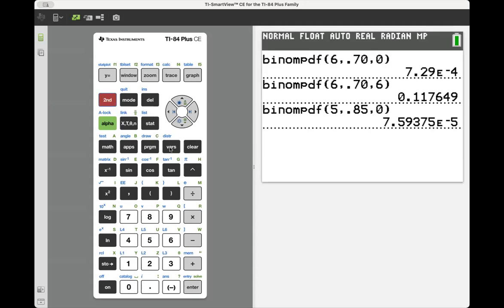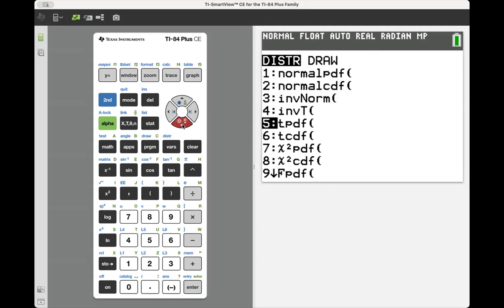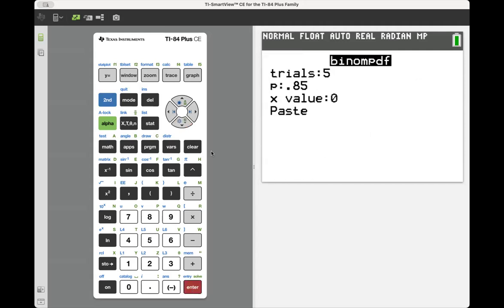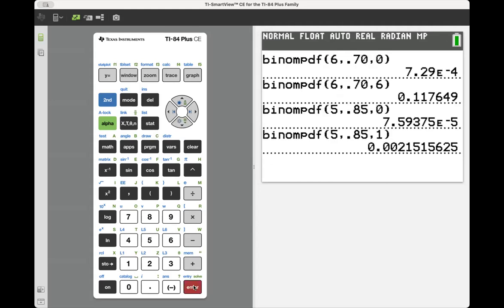Let's try binompdf again with X equal 1. Okay, this one is 0.0022. And let's do it again.